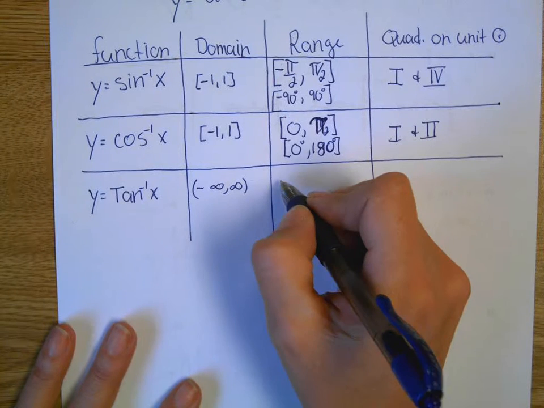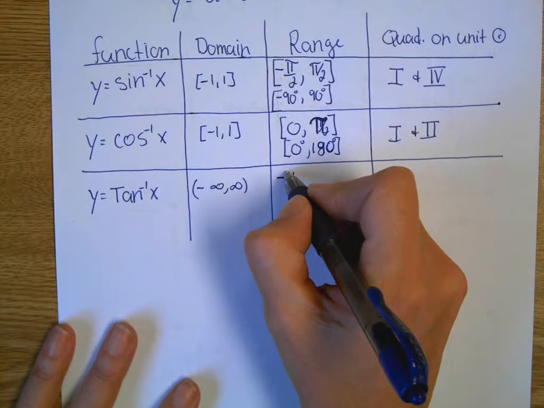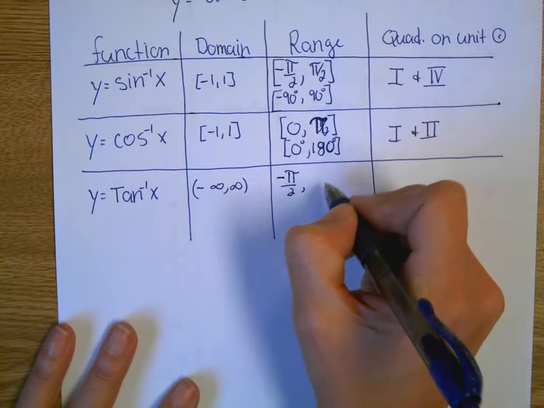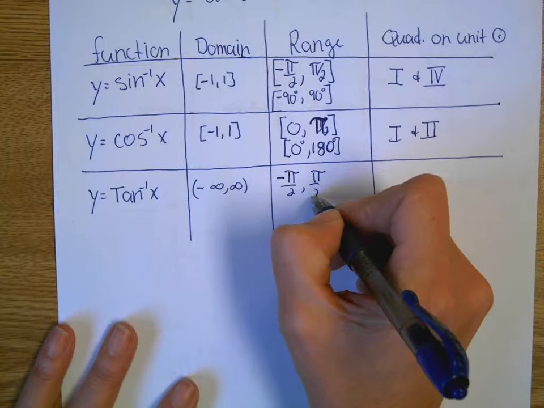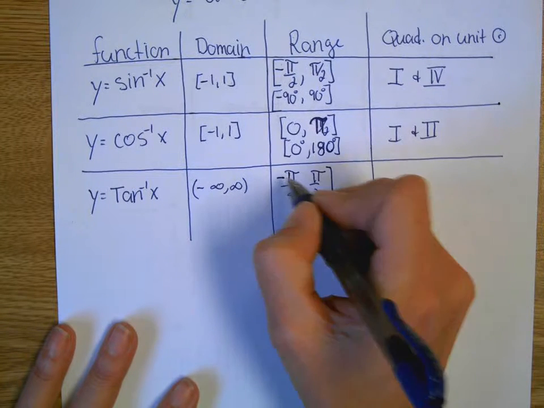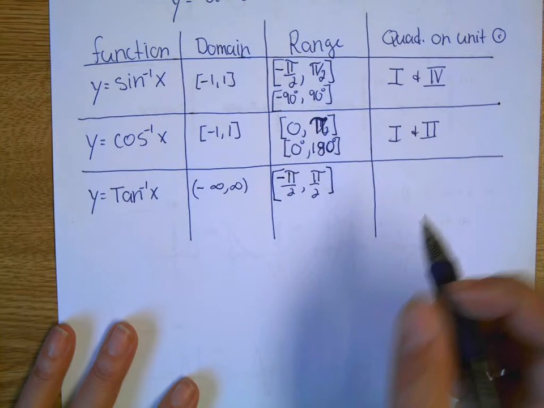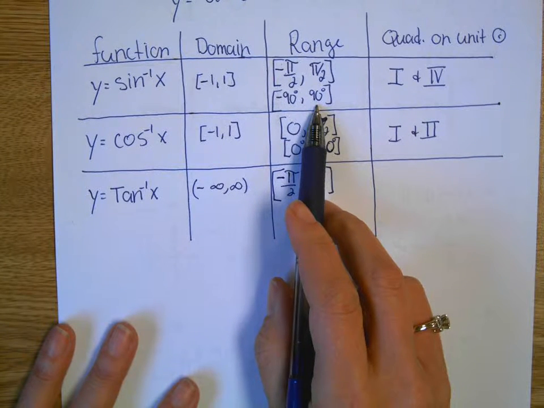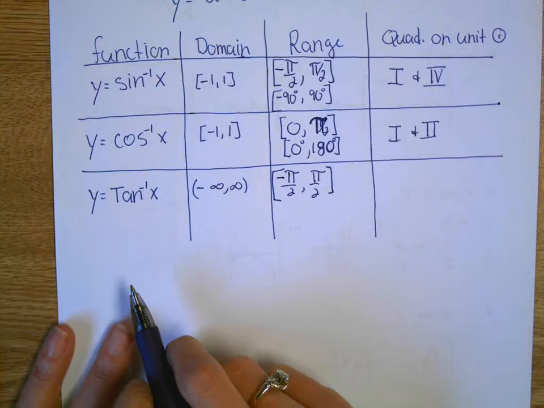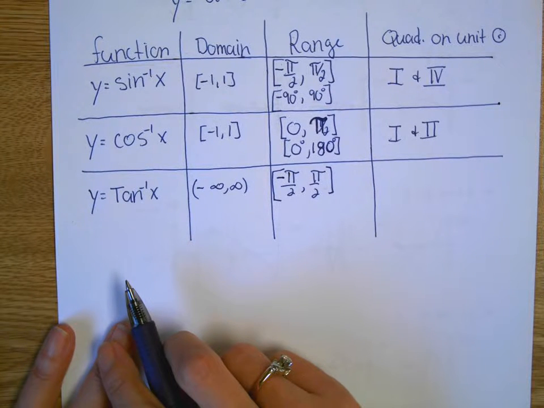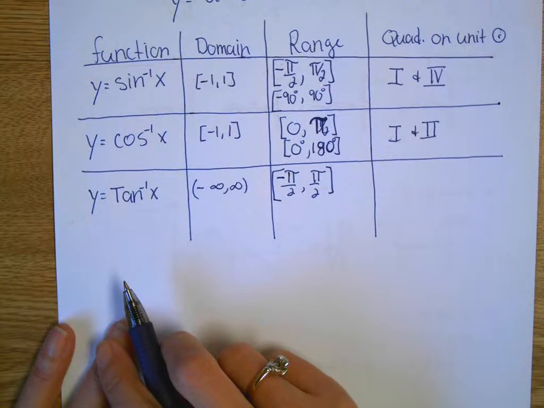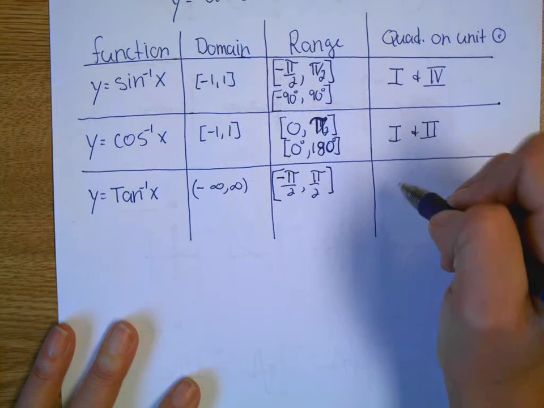Tangent is going negative pi over 2 to pi over 2. Which is the same thing as negative 90 to 90. I'm not going to write that down again. So what two quadrants are we going to be looking at when we're doing the inverse tangent? 1 and 4 again.